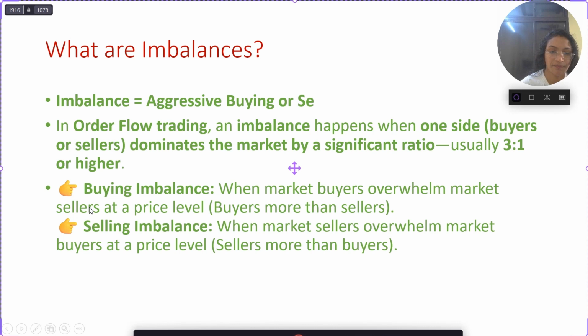Buying imbalance: when buyers overwhelm market sellers at a price level, we can assume that buyers are more than sellers.